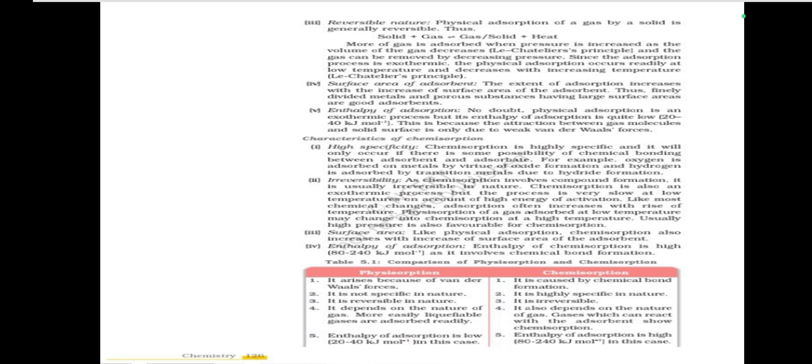Physisorption: it arises because of van der Waals forces. It is not specific in nature. It is reversible in nature. It depends on the nature of gas; more easily liquefiable gases are adsorbed readily. Enthalpy of adsorption is low, 20 to 40 kJ per mole in this case.